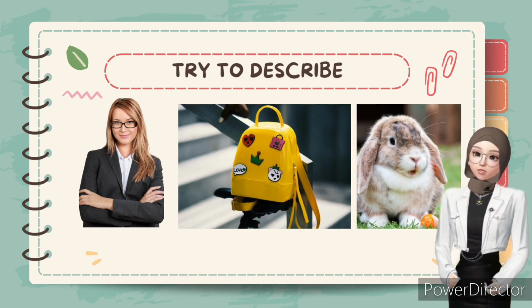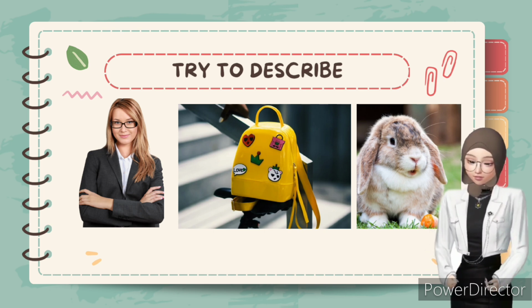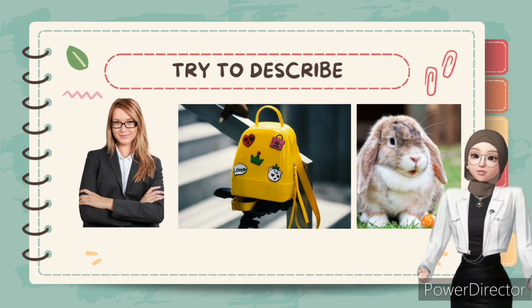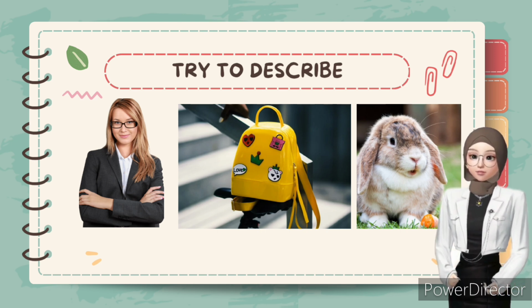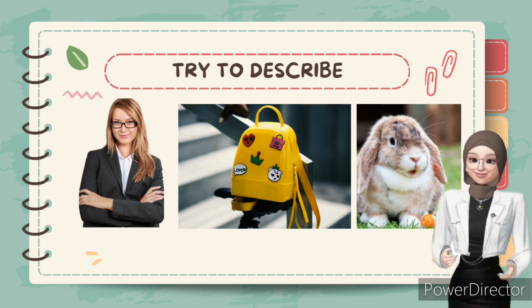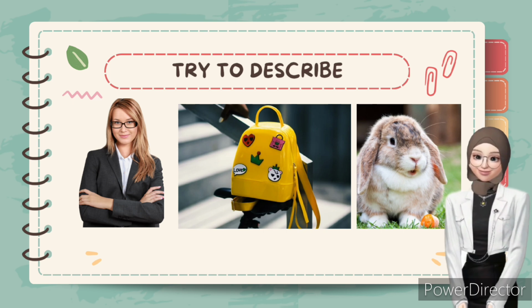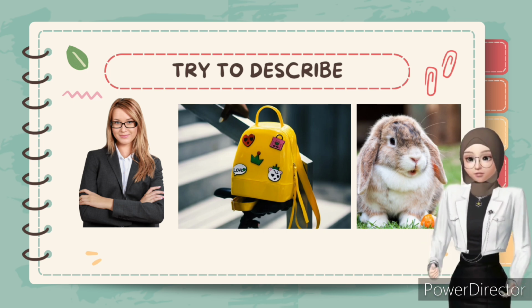Okay, I'm gonna give you an example of describing a person. Her name is Anna. She is 28 years old and she works as a teacher in a high school.